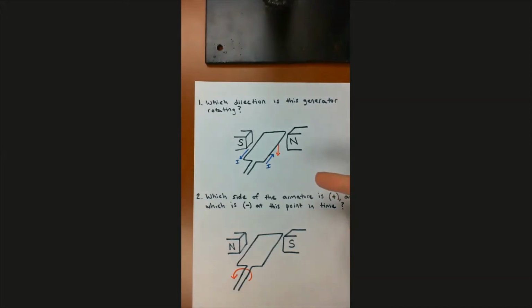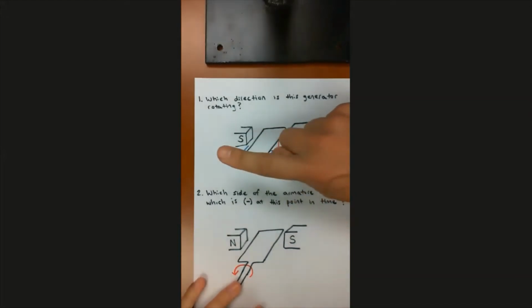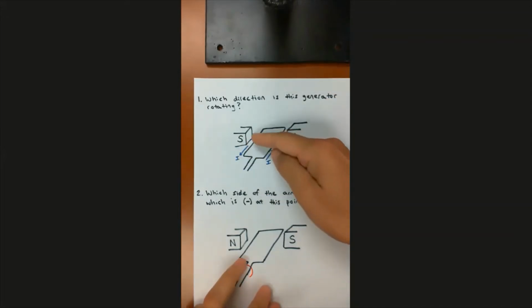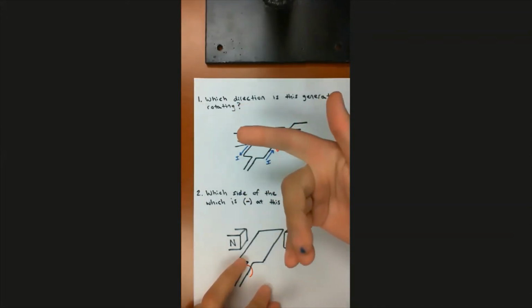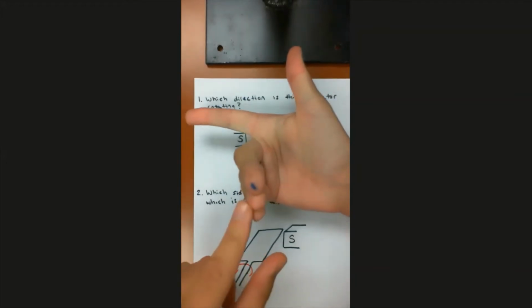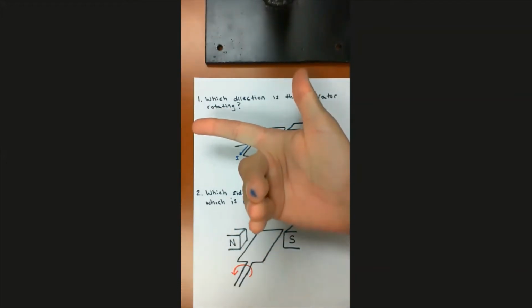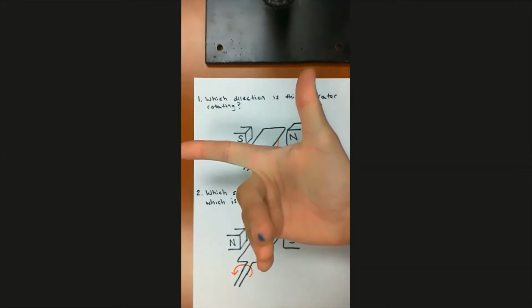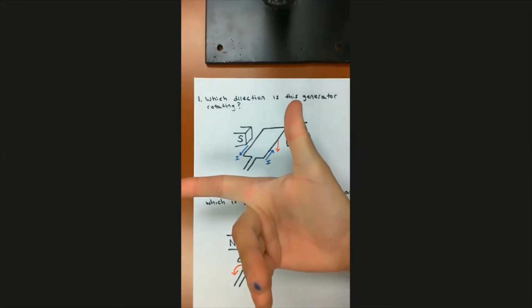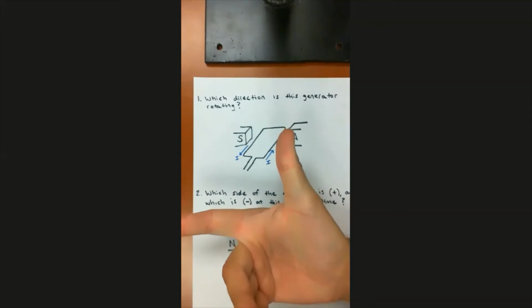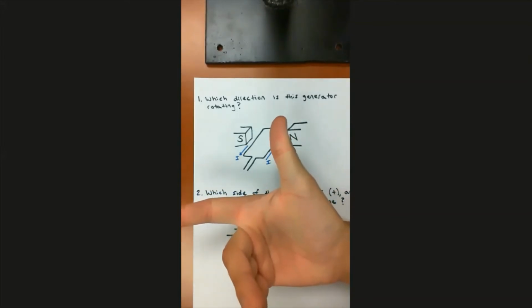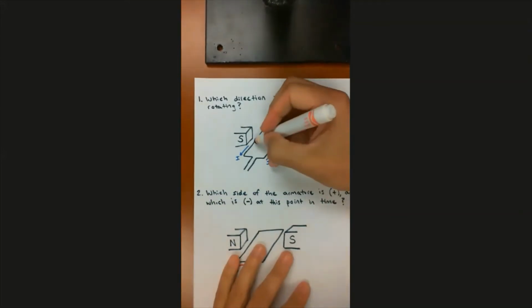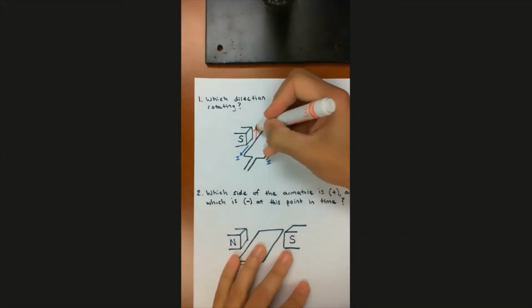All right, so once again, the field is going from right to left, so my first finger goes to the left, and now the current is coming out of the page towards you. So my second through fourth fingers need to be going up towards you, towards the camera. And now if I orient my right hand, it looks like my thumb, representing motion, is pointed up towards the top of the page.